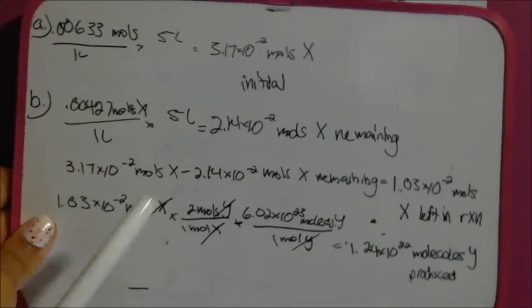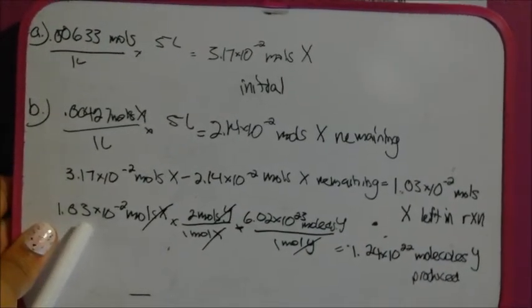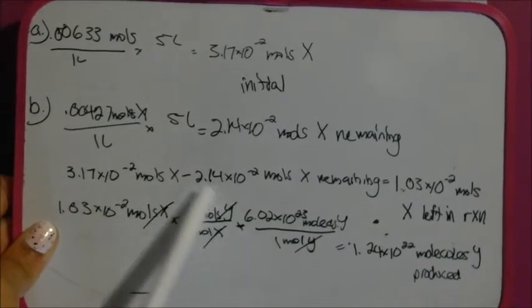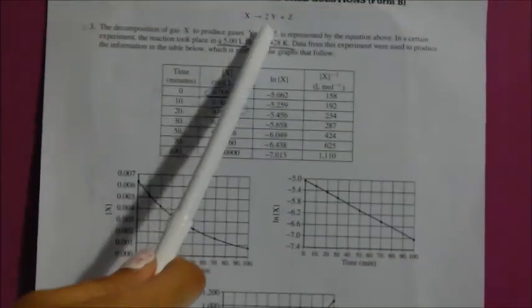Alrighty, so it should look like this. You take the 1.03 times 10 to the negative 2 moles of X, and then the stoichiometric ratio right here, taken from the equation up above.